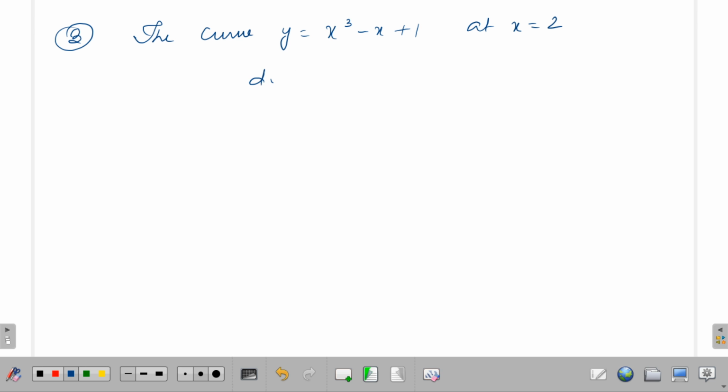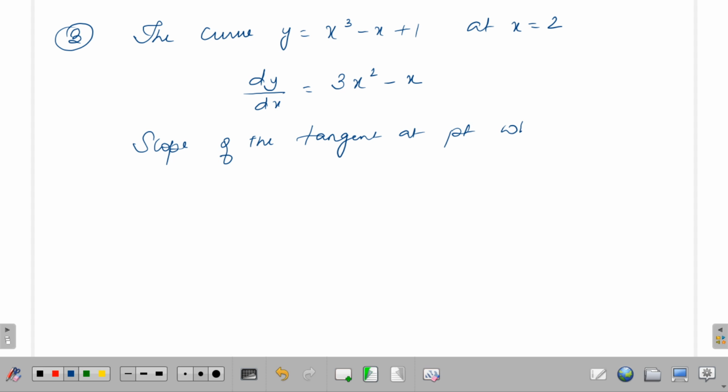Same thing, find your dy by dx, which would be 3x squared minus 1. Then the slope of the tangent at the point whose x coordinate is 2: I can say that m equals dy by dx at x equals 2.